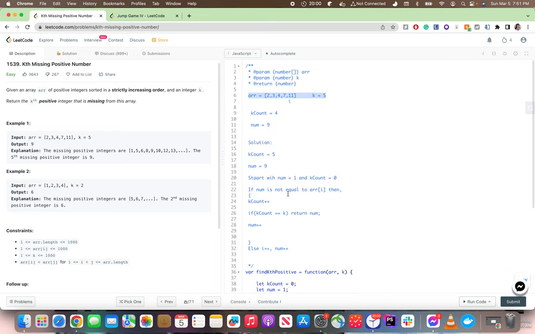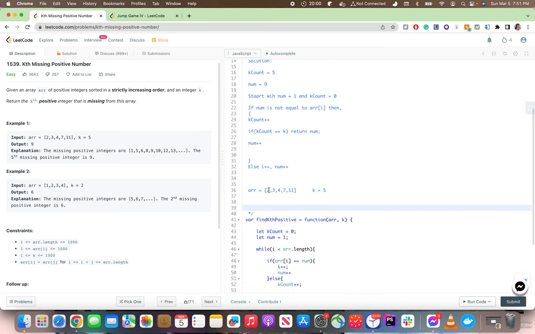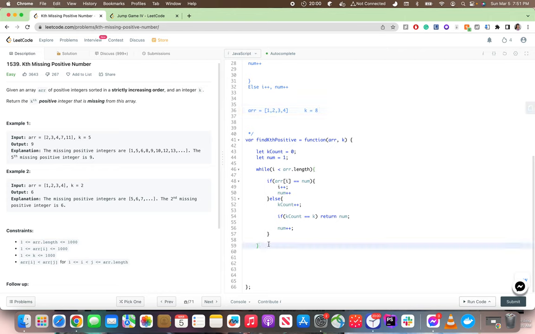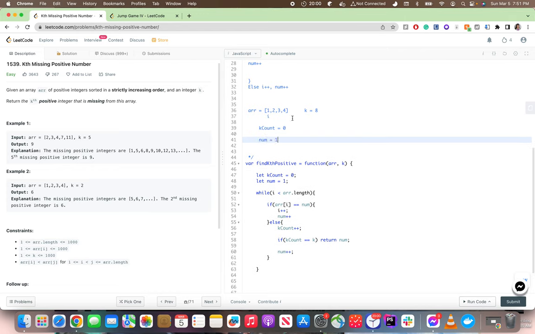So can there be situations like nothing is missing, right? 1 2 3 4 and k is equal to 8, then what should we do at this point? In this case, what would happen is k count is equal to 0 and num we will start from 1.